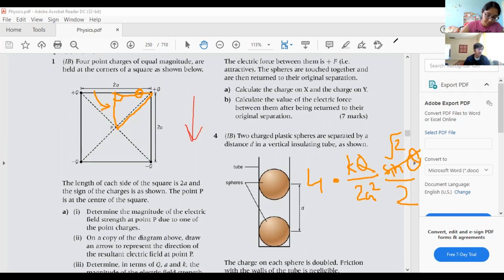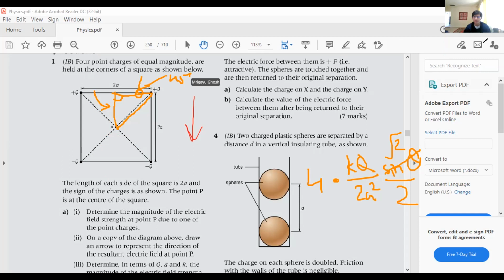Does that seem right? Wait, how do we get that? Oh, because remember you said theta was going to be 45 degrees, so sine theta has to be root 2 over 2. Okay, yeah. So then if you do root 2 over 2, the 4 will cancel with the 4 in the denominator. So we'll be left with root 2 KQ over a squared. Let me check.